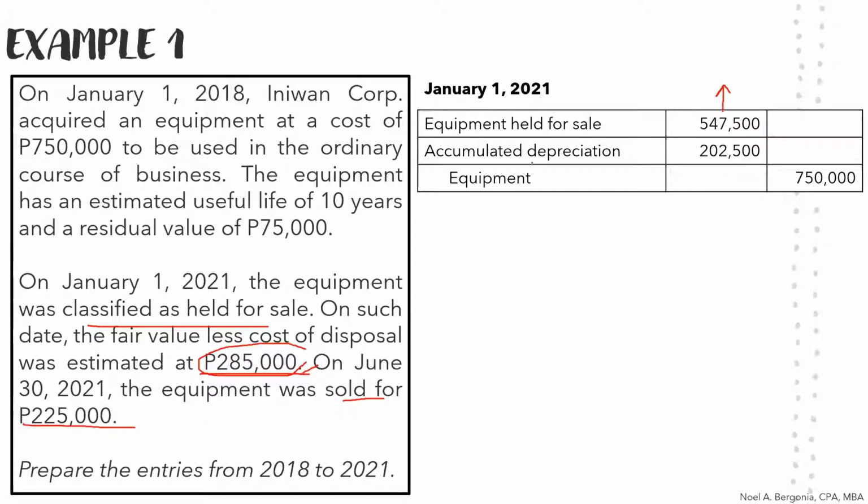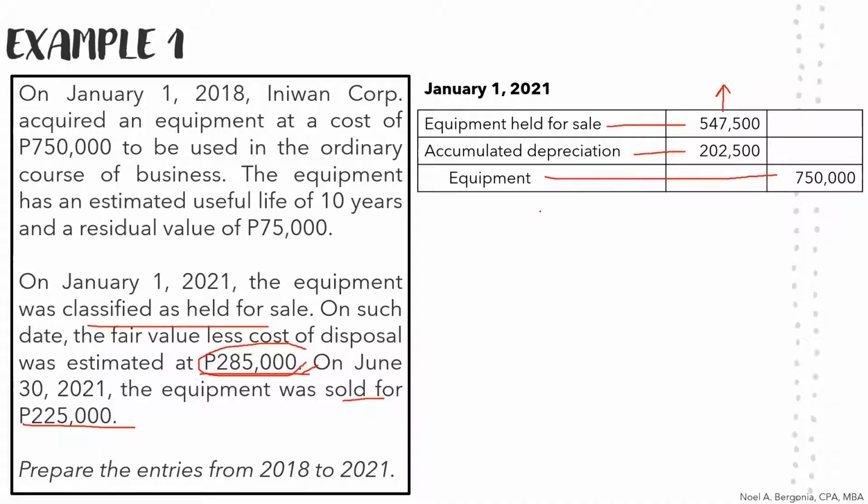So gradually ko lang ginawa yung entry kaya we start with the debit to equipment held for sale, which is the carrying value na 547,500. Then dahil i-recognize na natin siya in PPE, you debit the accumulated depreciation na 202,500 and then we have your equipment na 750,000 to be credited.